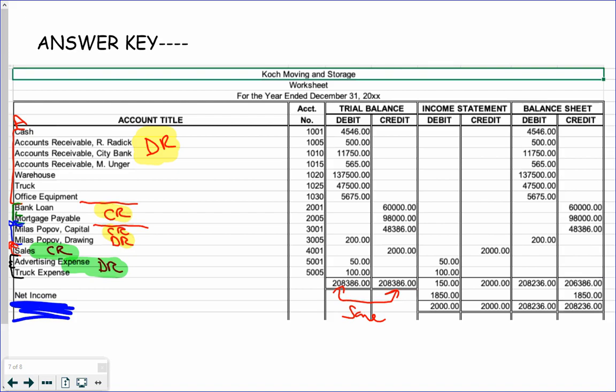To figure out if it's a net income or a net loss, look at your revenue and look at your expenses. The revenue is 2,000, the expenses are 150. Revenue is bigger than expenses, so that is net income.